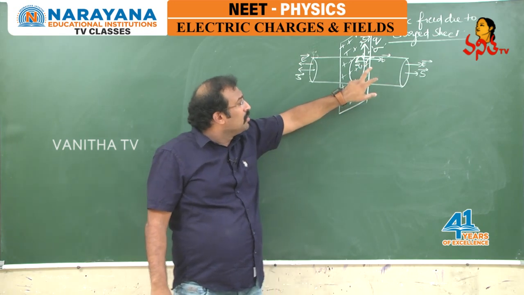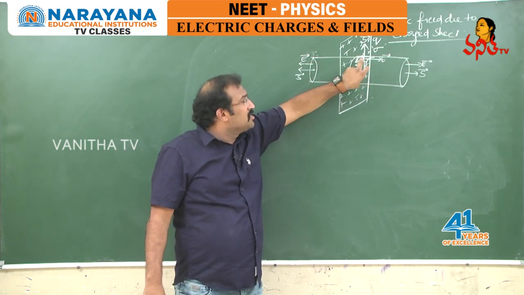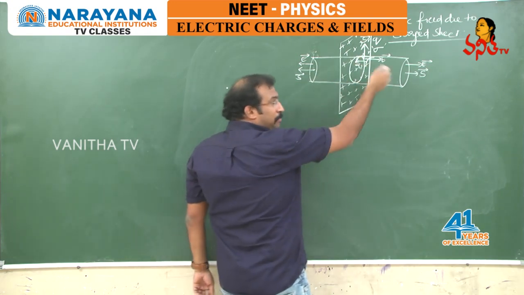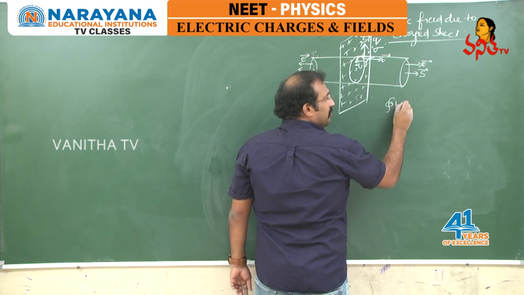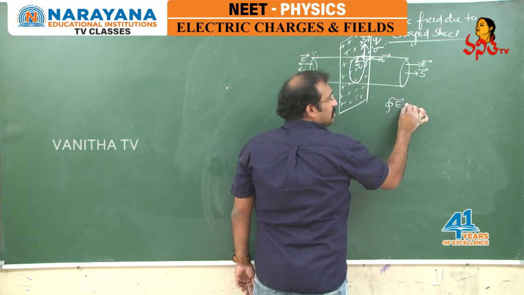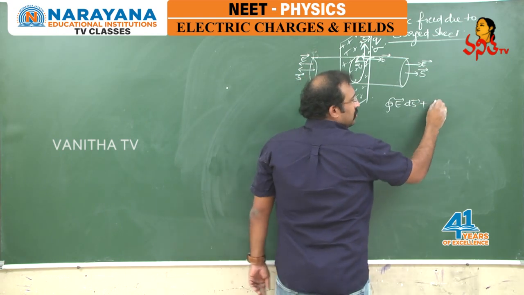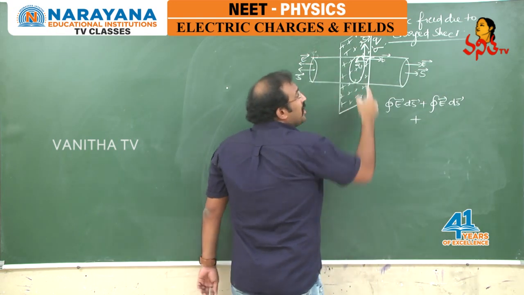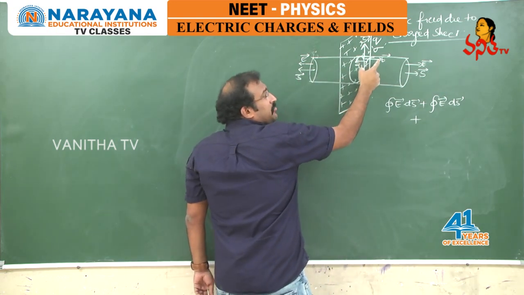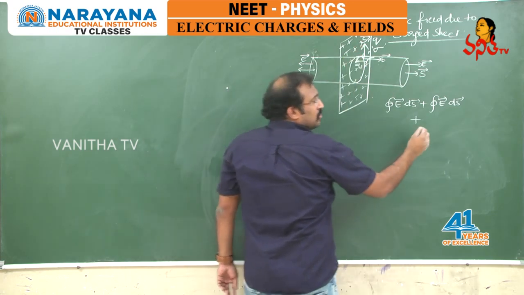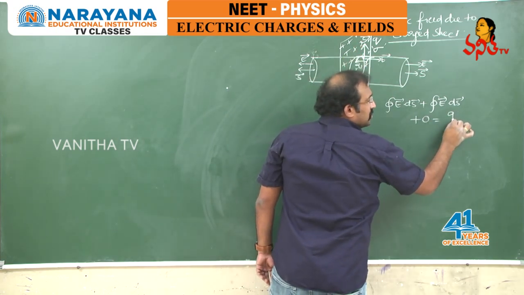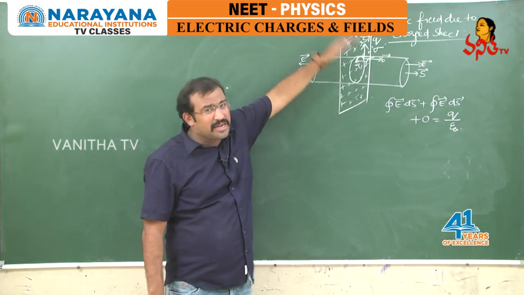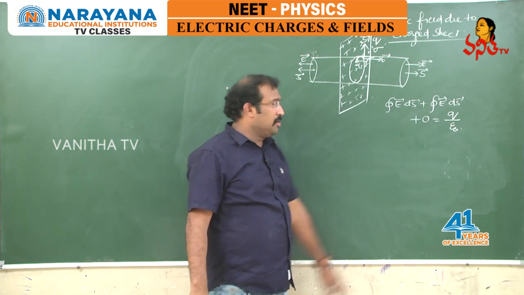So here the electric field strength due to this charged sheet can be written, by applying Gauss law, as closed integral of E bar dot ds bar plus closed integral of E bar dot ds bar plus, for this surface the angle between E bar and ds bar is 90 degrees, so we can write 0, which will be equal to the charge enclosed by epsilon naught.